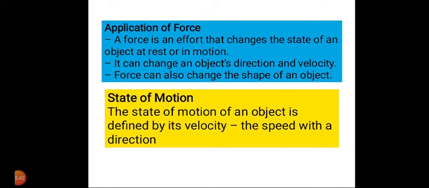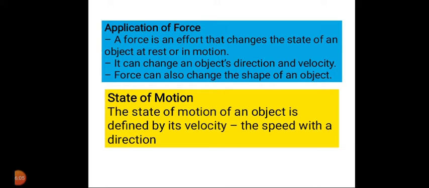So a force can change the state of motion. The state of motion of an object is defined by its velocity, the speed with the direction. So the state of motion of an object is described by its speed and the direction of motion. The state of rest is considered to be the state of zero speed.